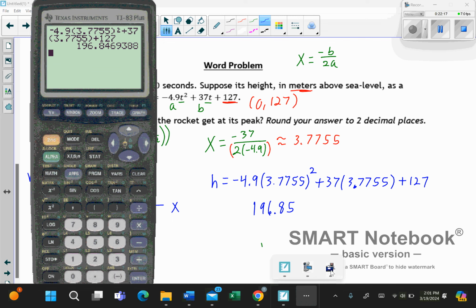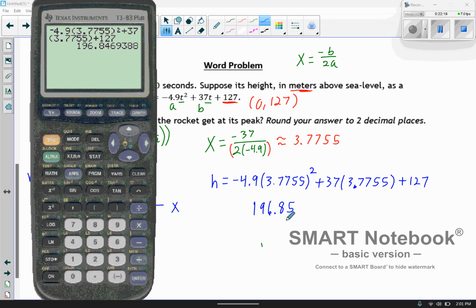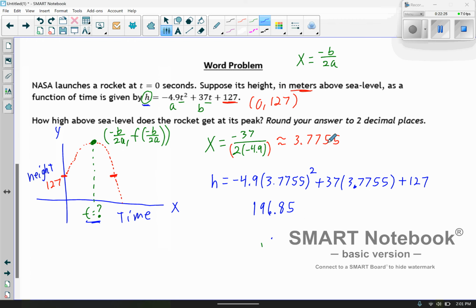Let me just double check, make sure everything looks good. Yep. Rounding to 2 decimal places, that looks good. That's why I added a couple extra decimal places, because if I took off those 5s, it might not round up completely. So I just want to be careful about that. That would be my answer, how high the rocket goes, its maximum height right there.